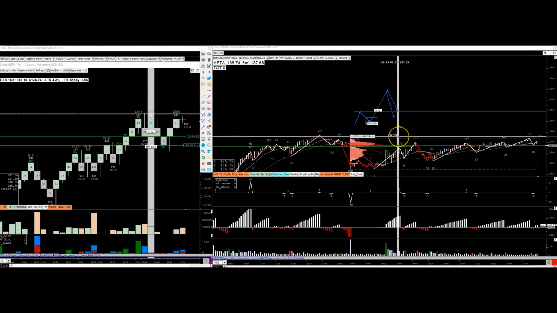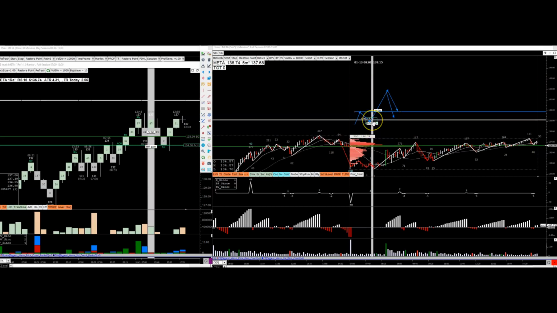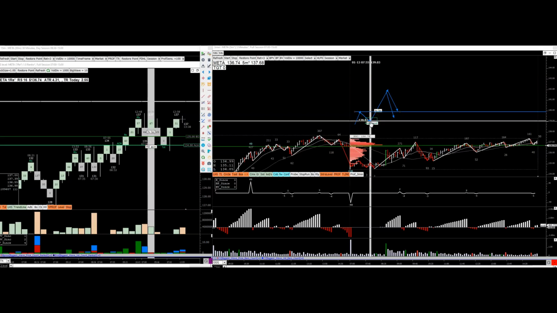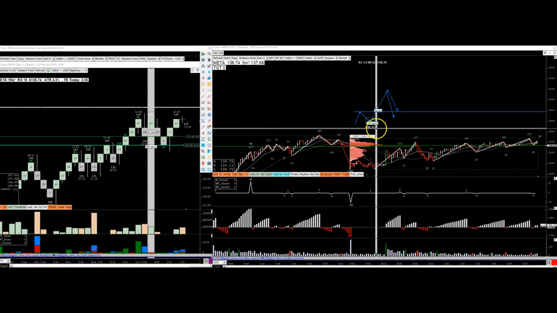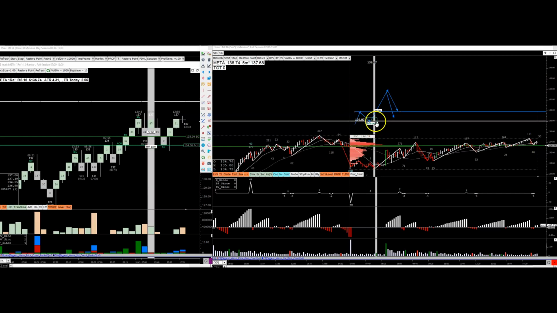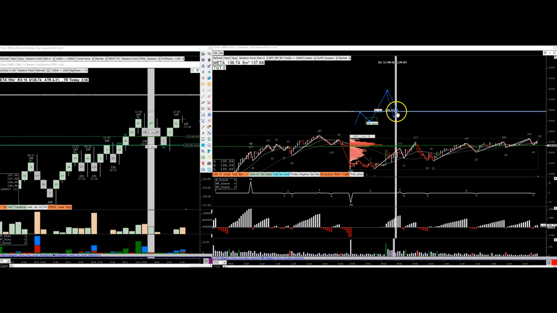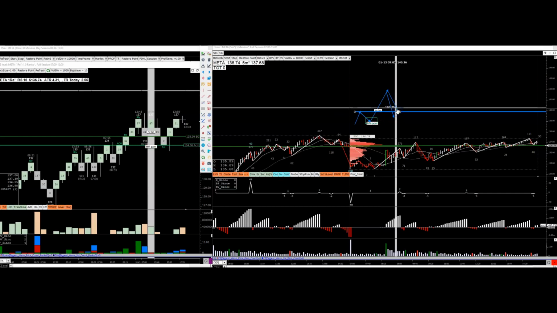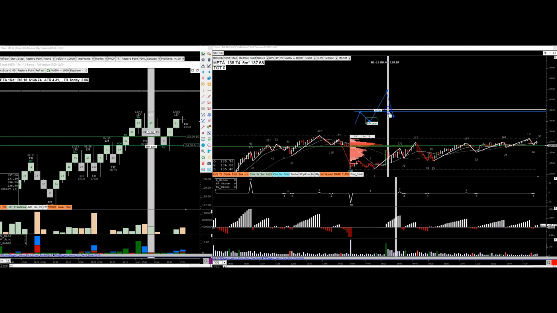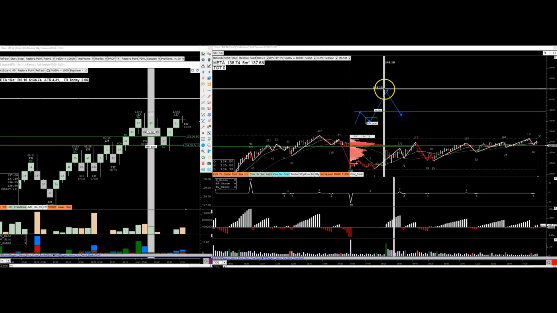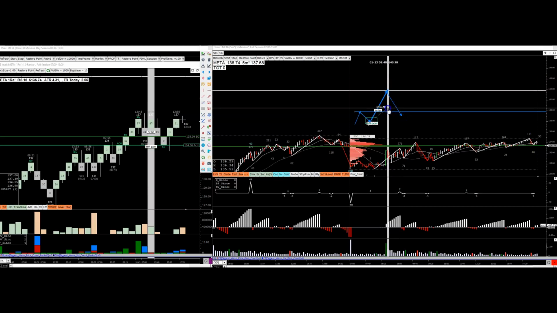I guess you could call this a minor creek. I don't know what to call it, but this is the reality of what happens, and I'll show you over and over. It happens a lot, and you can identify this because it is a high volume brick over here. Then you have a high volume breakout.